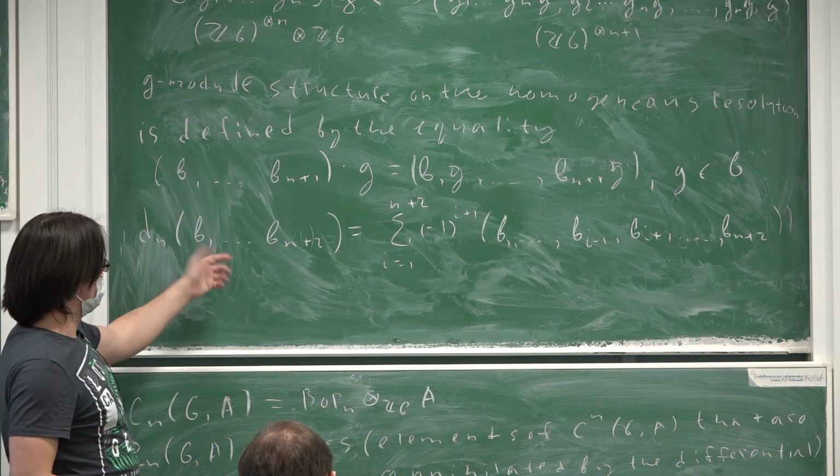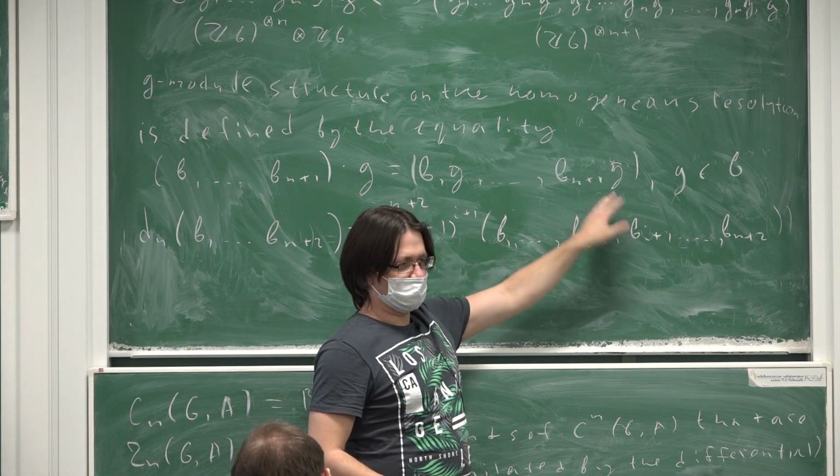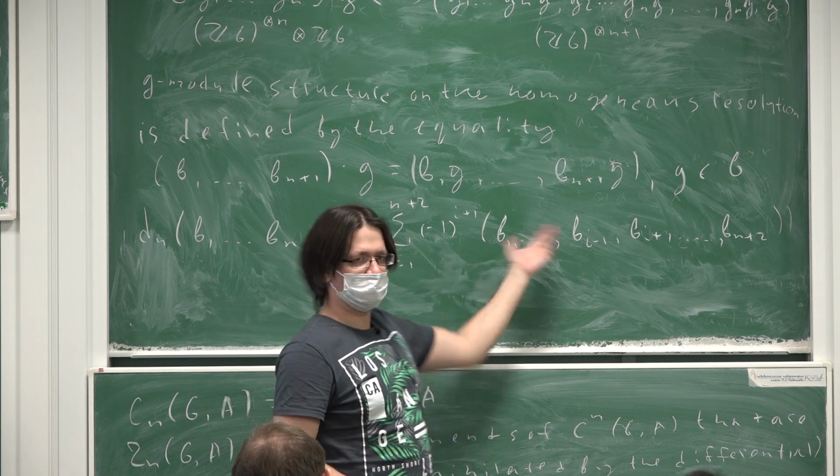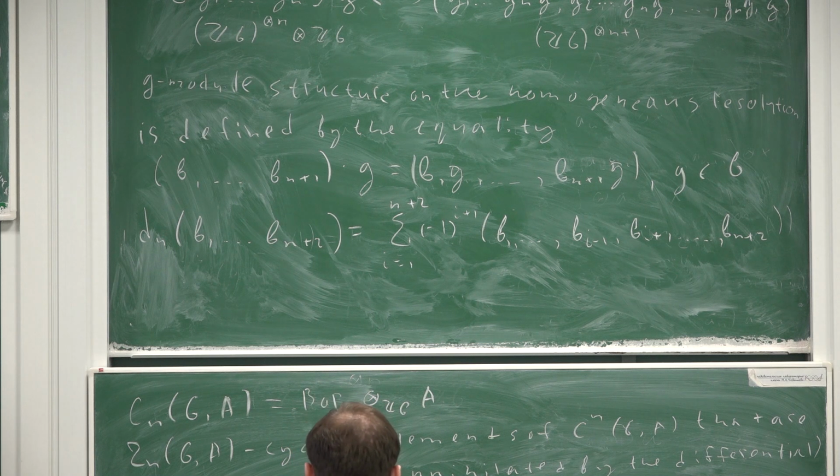So you simply drop down some element and put some sign and take the sum. And in this way, it is more symmetric in arguments, so it's called homogeneous.